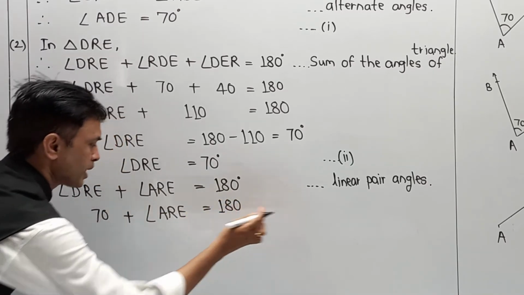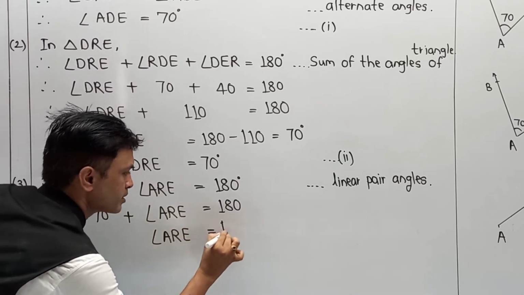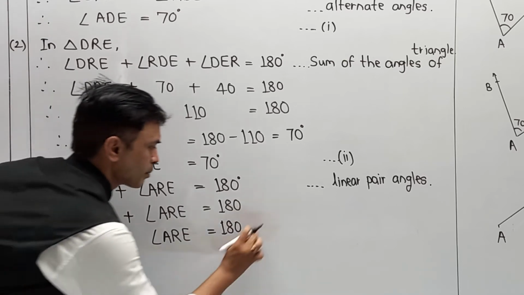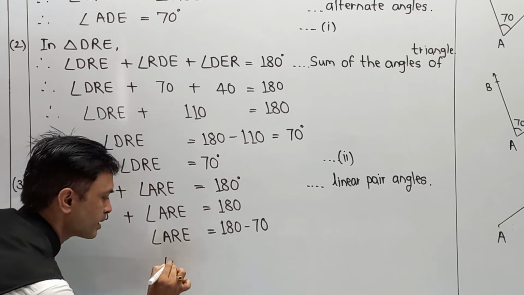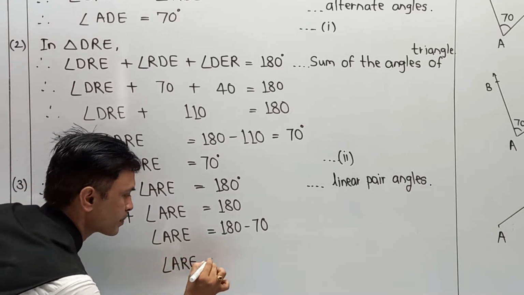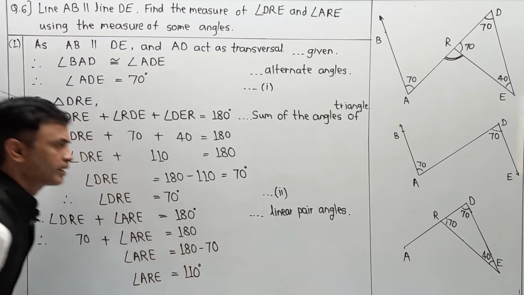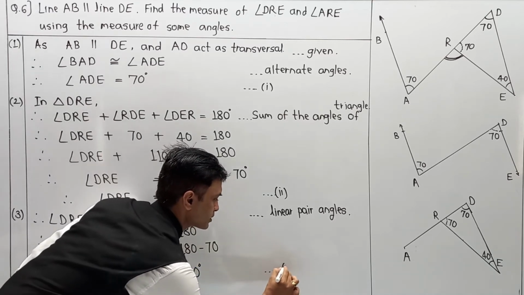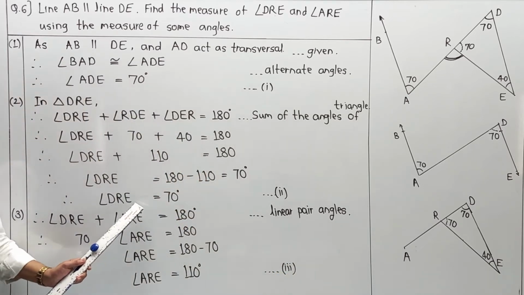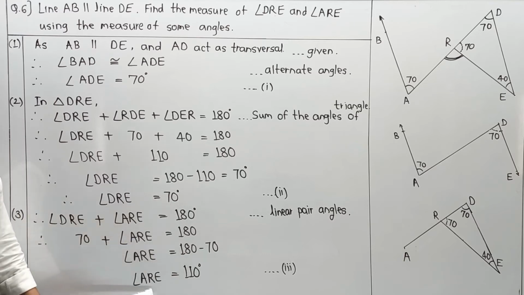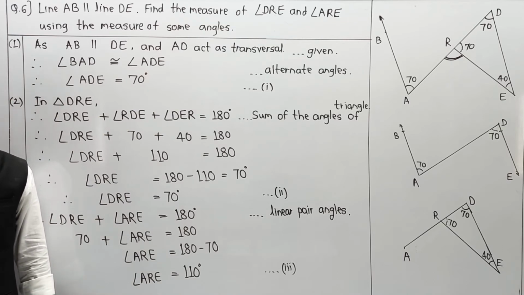Shifting this plus 70 to that side, angle ARE is equal to 180 minus 70, and our last answer, angle ARE, is 110 degrees, and it is our third answer. Remember, in this way we are able to get the value of DRE, that is 70 degrees, and ARE, that is 110 degrees. That is the requirement of the question.